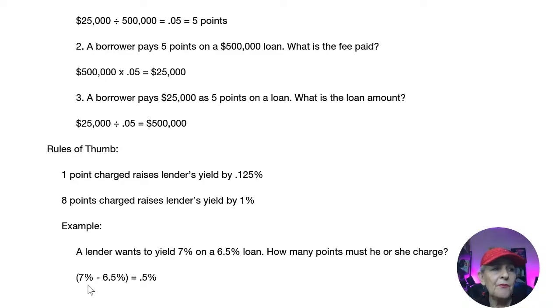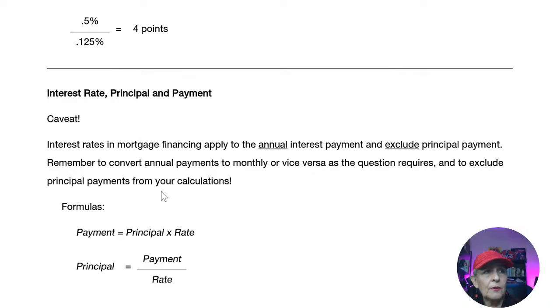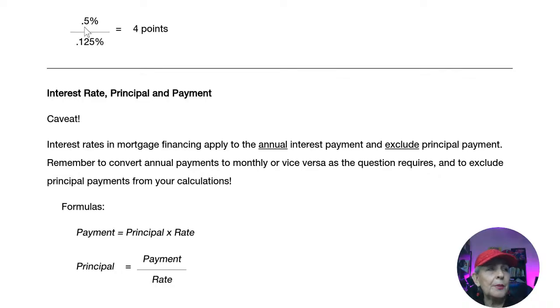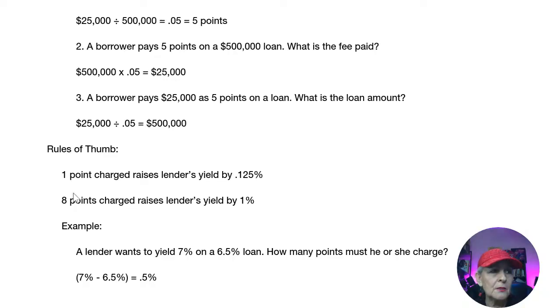So 7% minus 6.5% loan equals 0.5%. So the lender wants to yield 7% on a 6.5% interest loan, so they're just subtracting that, and the points that he or she charges, 0.5%. Then 0.5% divided by 0.125, because 1 point charged raises the lender's yield by 0.125.